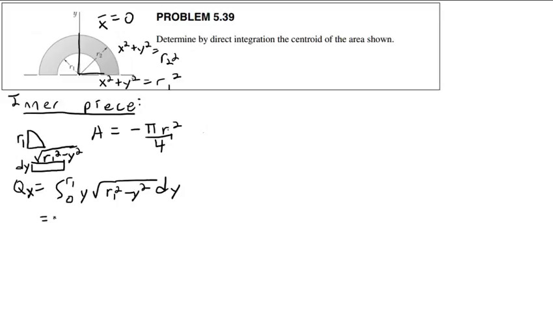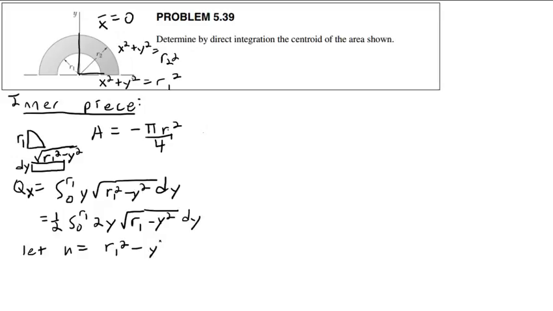And then I want to make this 1/2 the integral from 0 to r1 of 2y root r1 squared minus y squared dy. Let u equal r1 squared minus y squared. So du is then just going to be 2y dy.